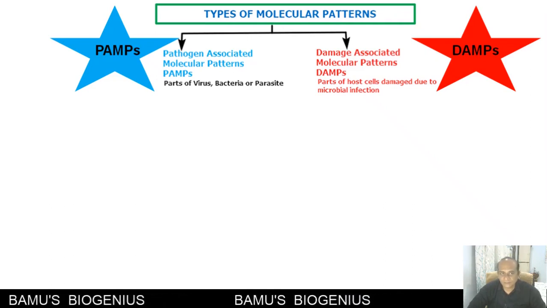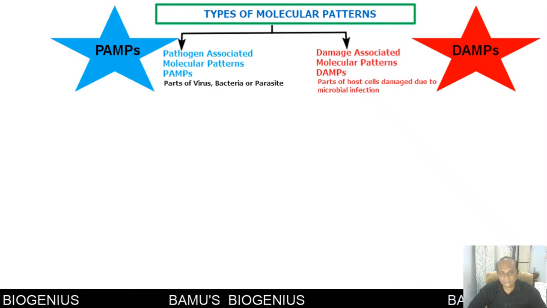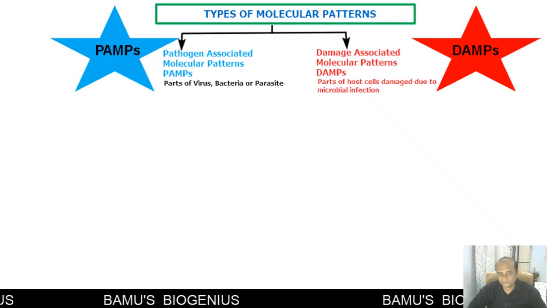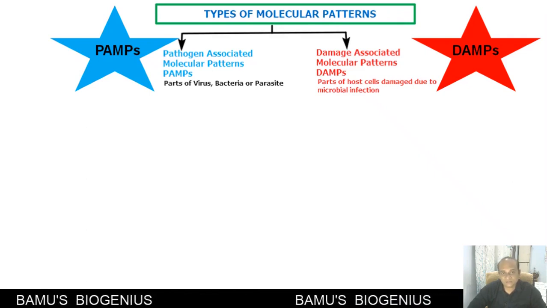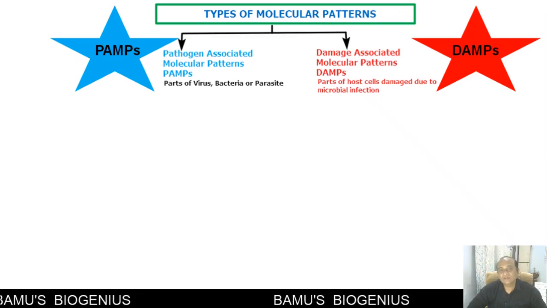You can see here PAMPs, the long form of PAMPs, is pathogen associated molecular patterns, and DAMPs is damage associated molecular patterns. Now, what is a pathogen associated molecular pattern? That means it is a part of a virus, bacteria, or any kind of parasite.